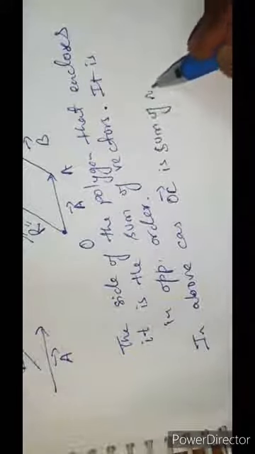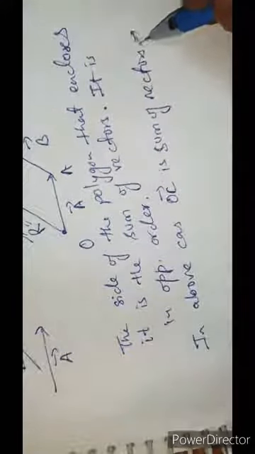In the above case, vector OC is the sum of vectors A, B and C. Here you can see it is in opposite order.